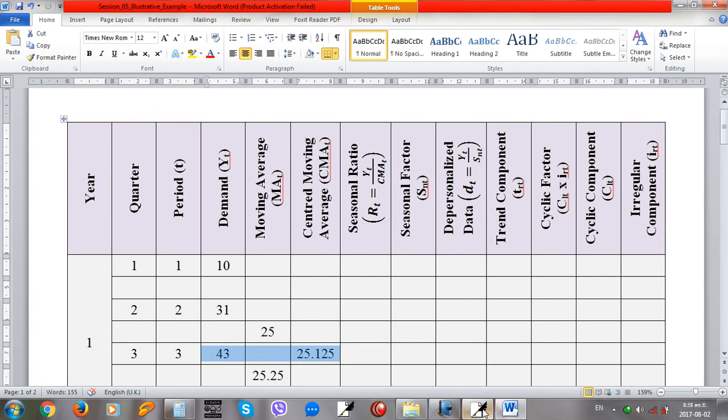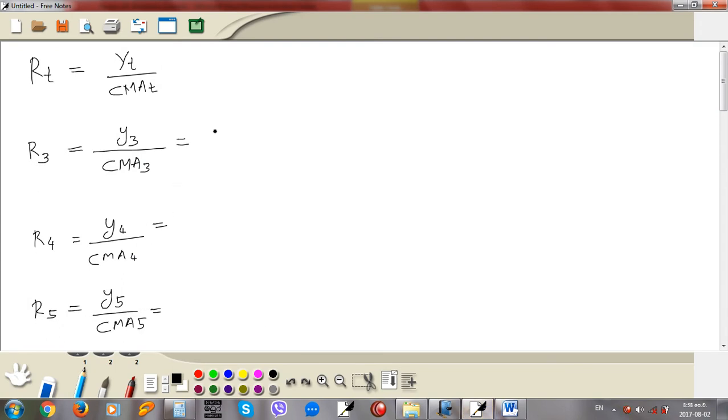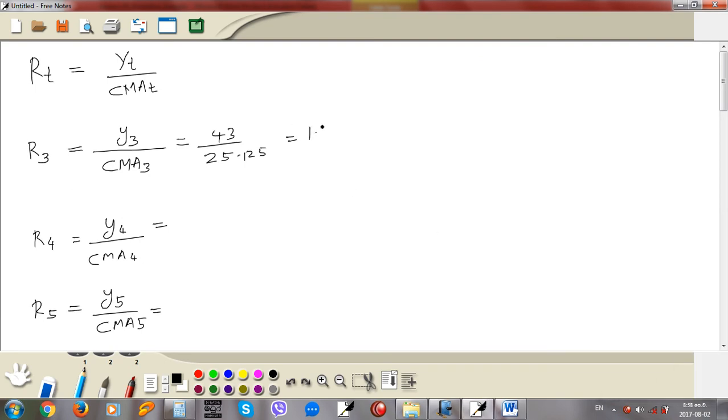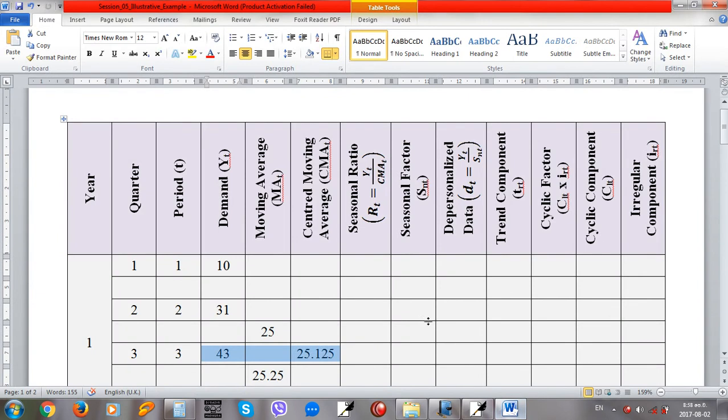So R3 equals 43 divided by 25.125, which comes to 1.71.